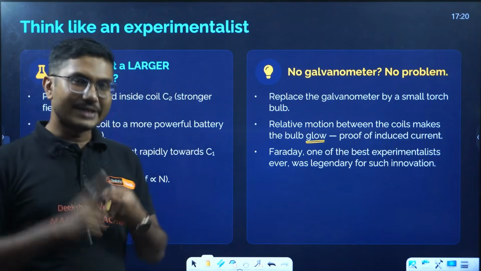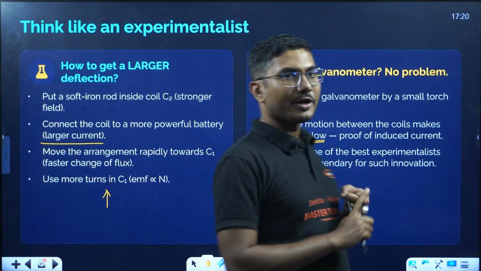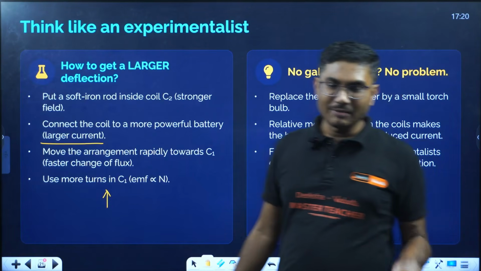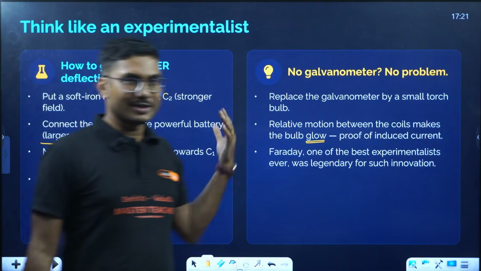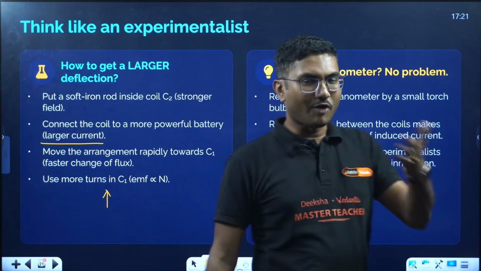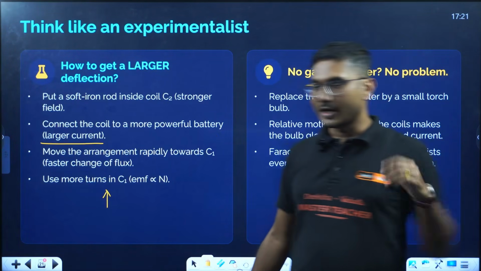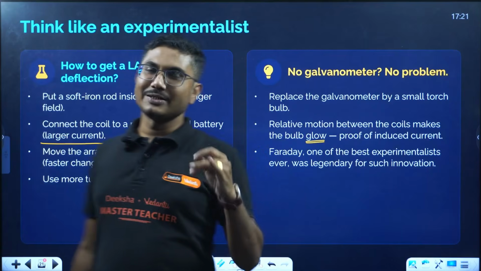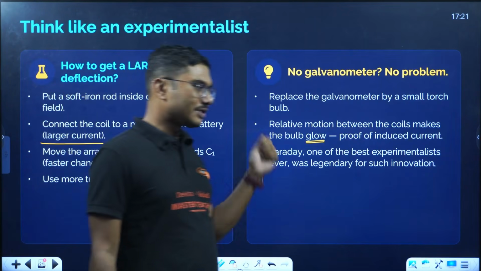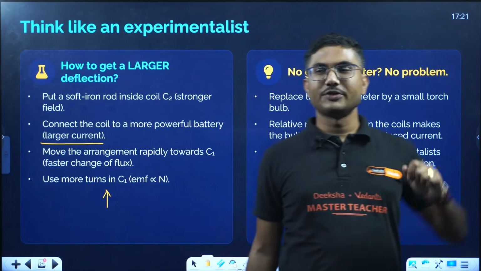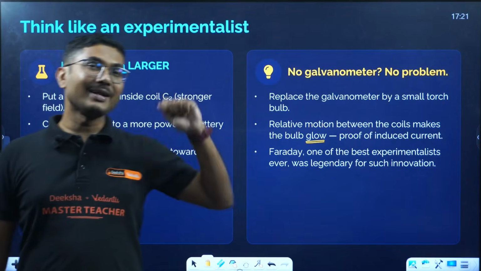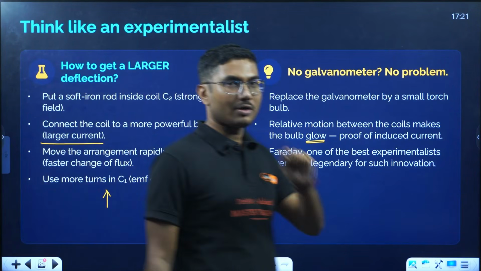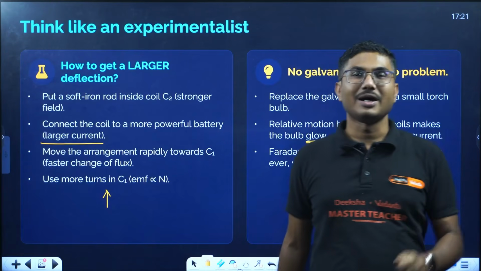So in physics, it is not only important to give a theory, but also to do experiments. A little bit off topic: when a person gets the Nobel Prize in physics, if you just give a theory, you are not selected. If you just do some experiment, you are not selected. If theory and experiment are both done on a topic, then you get the Nobel Prize.